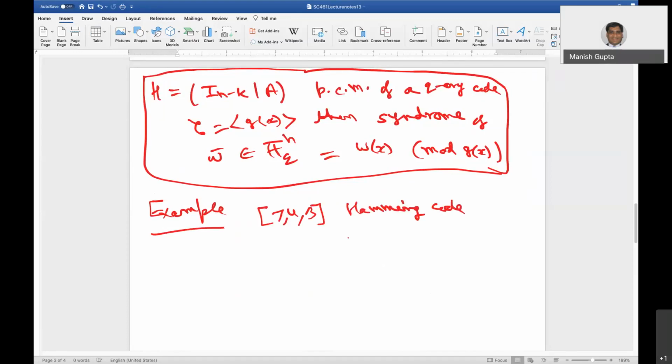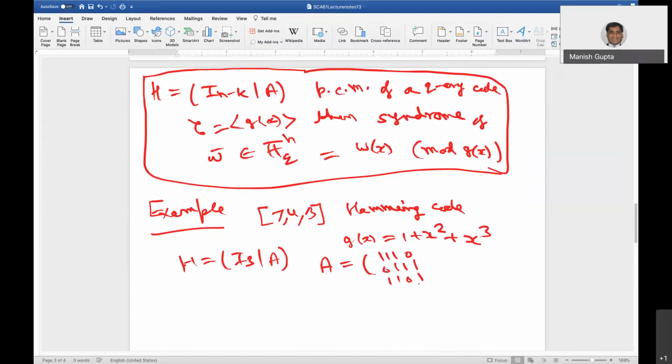Okay, generator polynomial g(x) is 1 plus x square plus x cube, and H is I3 slash A, where A is 1110, 0111, 1101.